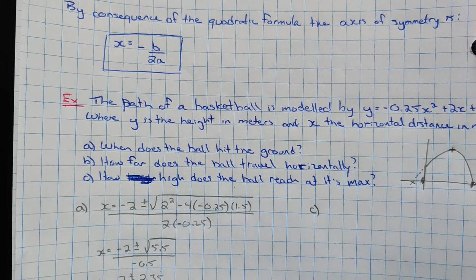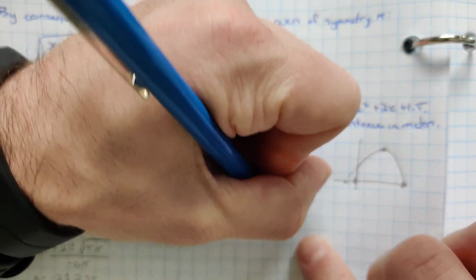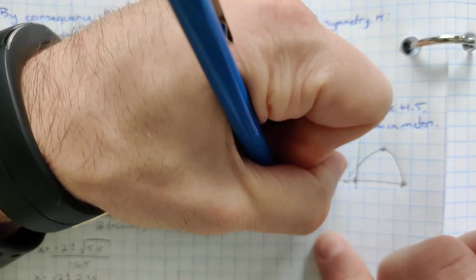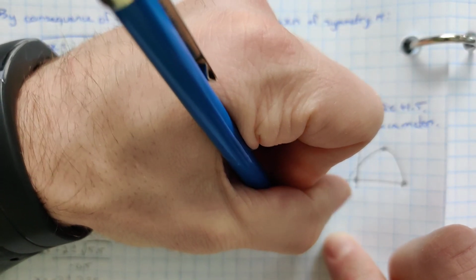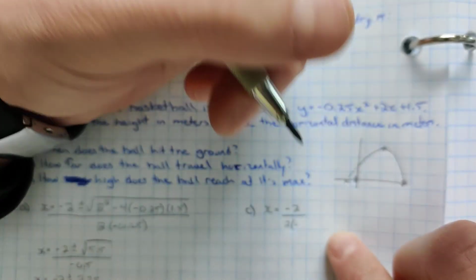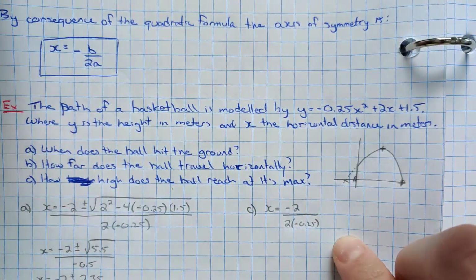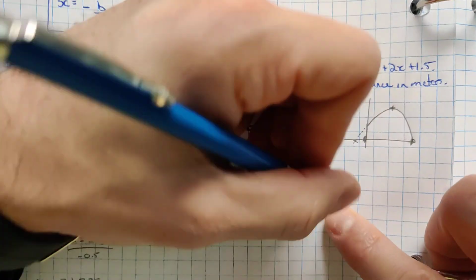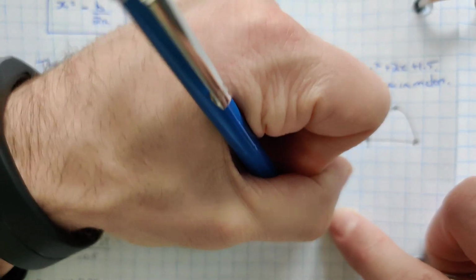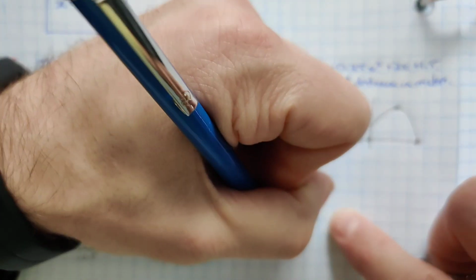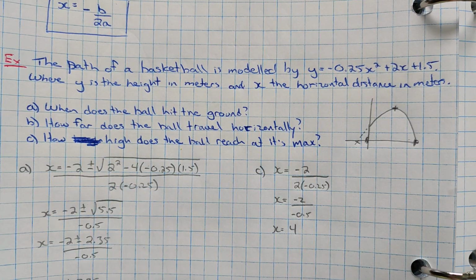So for part C, we're going to take negative 2 over 2 times negative 0.25. And the x value becomes negative 2 over negative 0.5. And thus we get 4. So our x value peaks at 4.